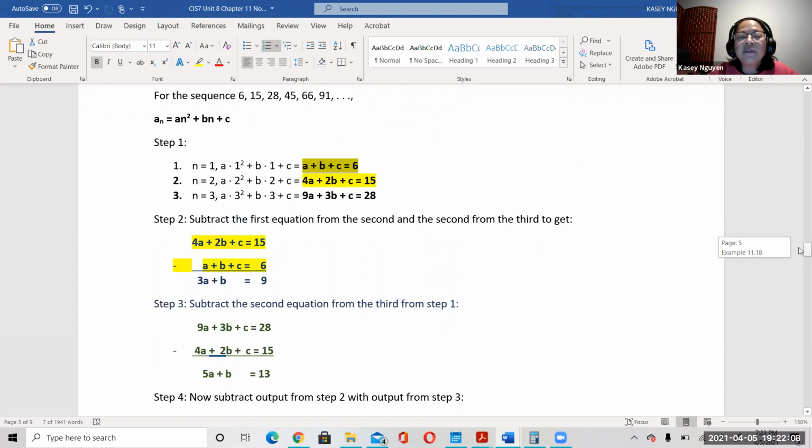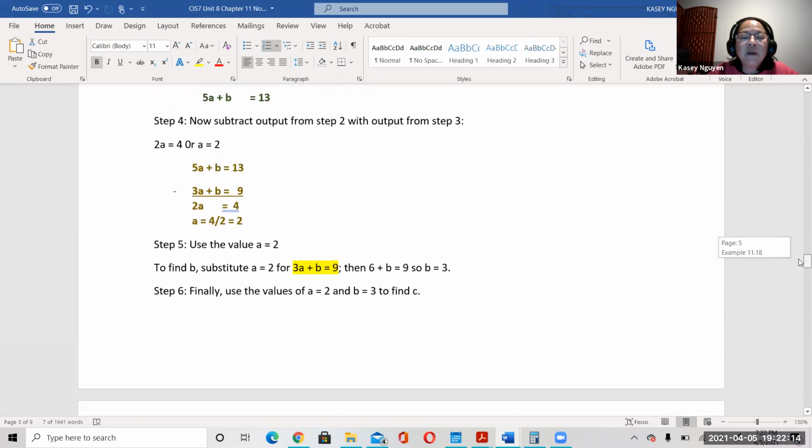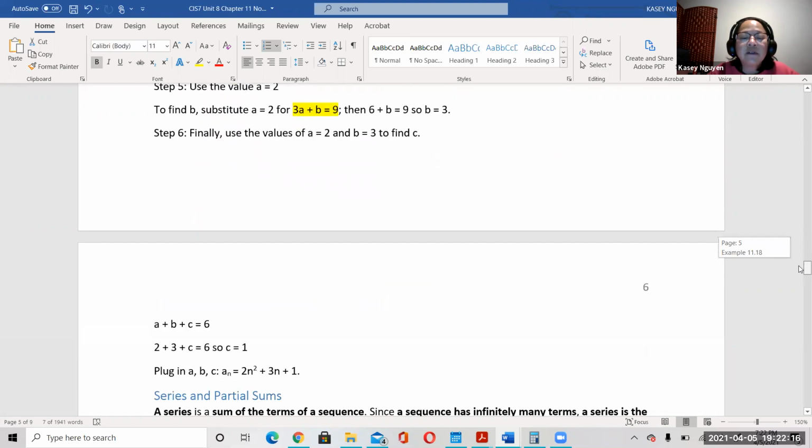So we're at step 1 now, right? We're working back to step 1 now. So 2 plus 3 plus C is equal to 6. So C must be 1 because 2 plus 3 is 5. We subtract 5 from here and subtract 5 from this side. So C is equal to 1.